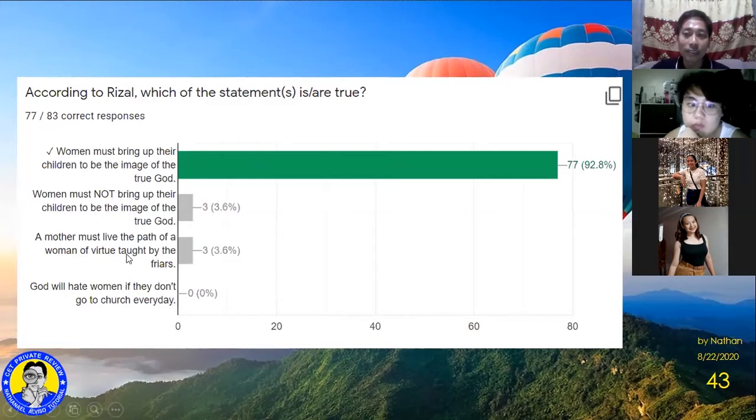He said, you must bring up your children to be the image of God, not the image of God as taught by the friars. He's against the friars in this passage. And God will hate women if they don't go to church every day. It's not mentioned, okay? So the correct answer here, and 92.8% got this correctly, is that women must bring up their children to be the image of God.